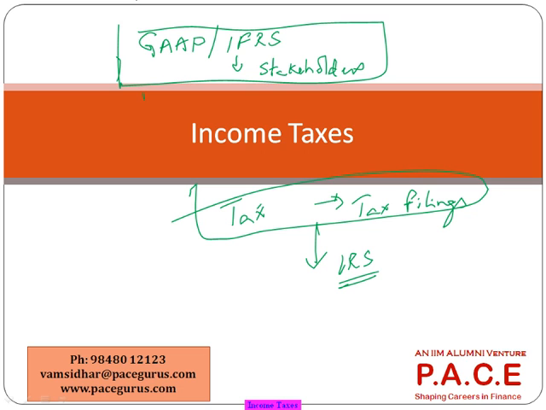One is your financial statements based on your IFRS or GAAP based framework. Second, a similar income statement and a similar balance sheet is filed based on the IRS directions. And these two differ slightly in some areas. We'll talk about in which areas there are major differences between the two.